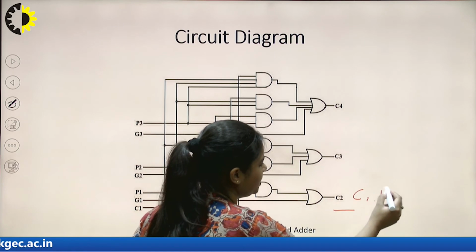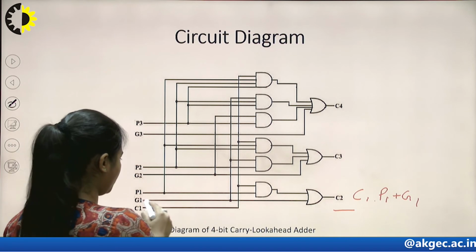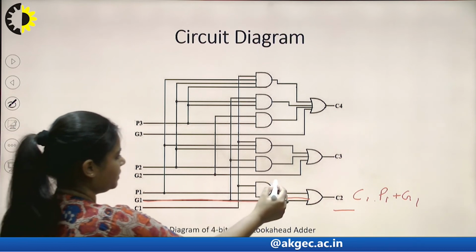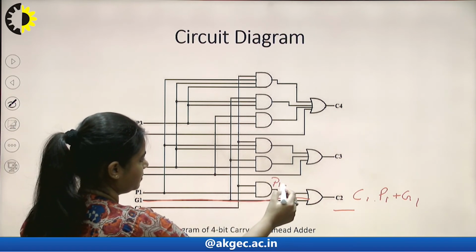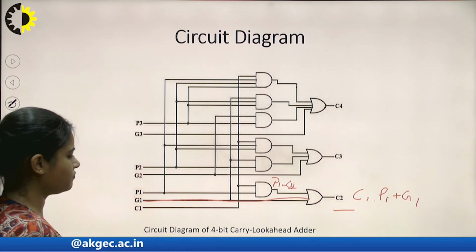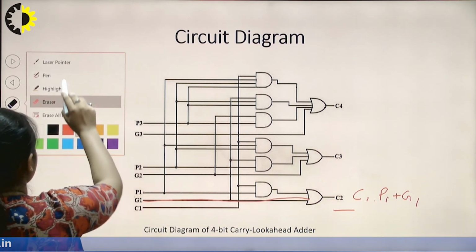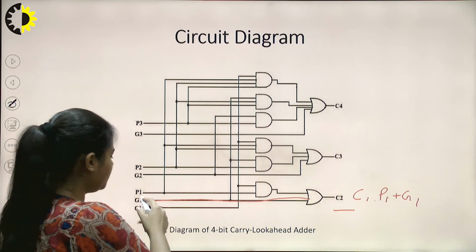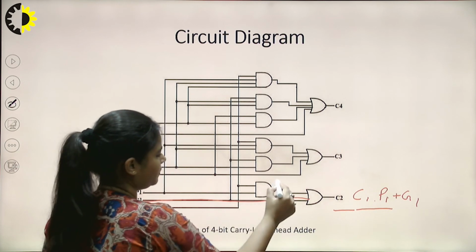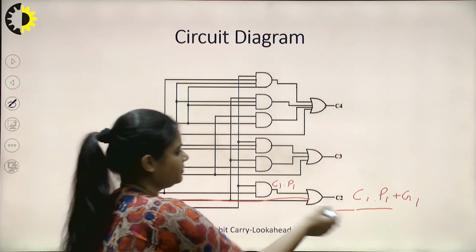So we have G1 directly, and C1 dot P1 we have from this gate. So our output is ready for C2.